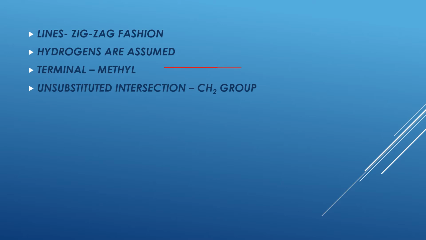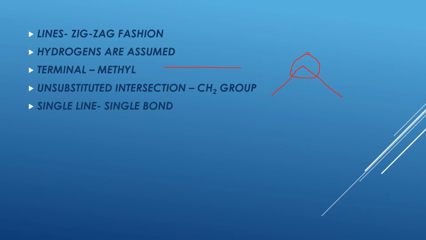Endings are understood as CH3, so CH3 CH3 means C2H6. This is understood as ethane. If you have an unsubstituted intersection, this part will be understood as CH2. Now in this structure, CH3, CH2, CH3 becomes C3H8, which is nothing but propane. Like that we have to identify.